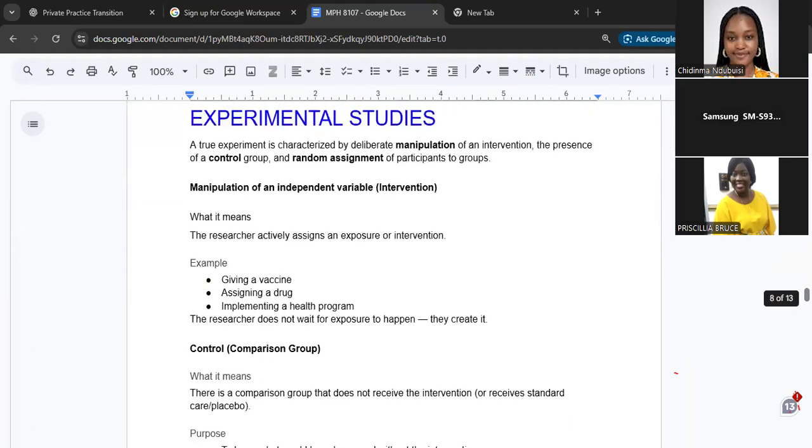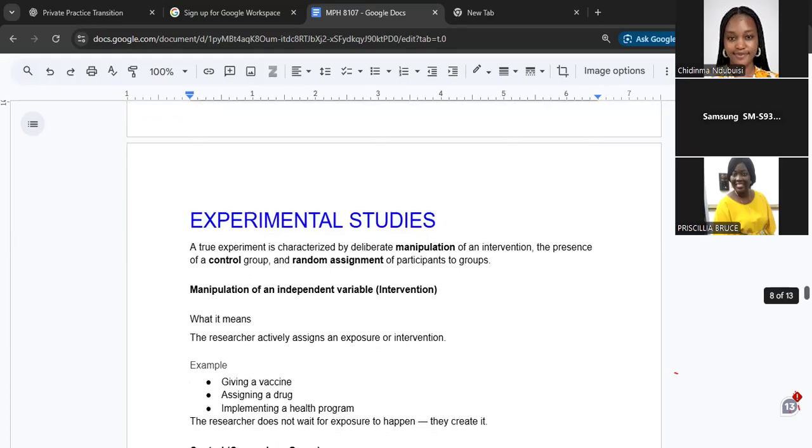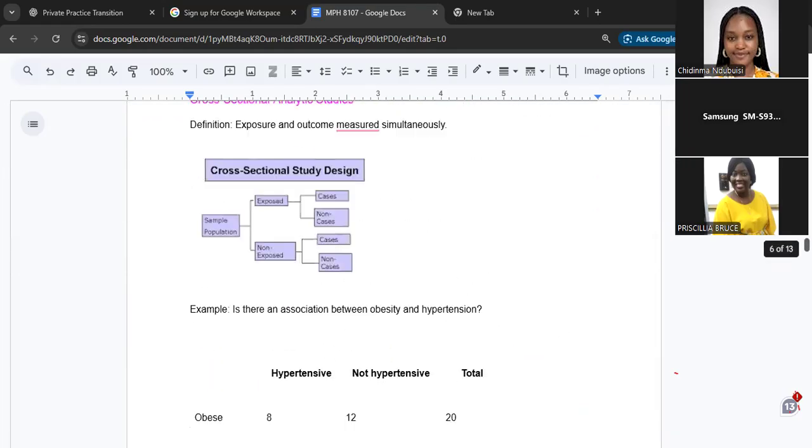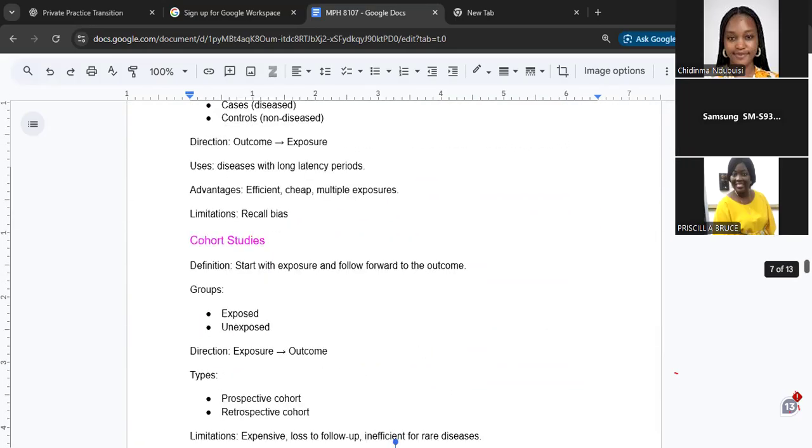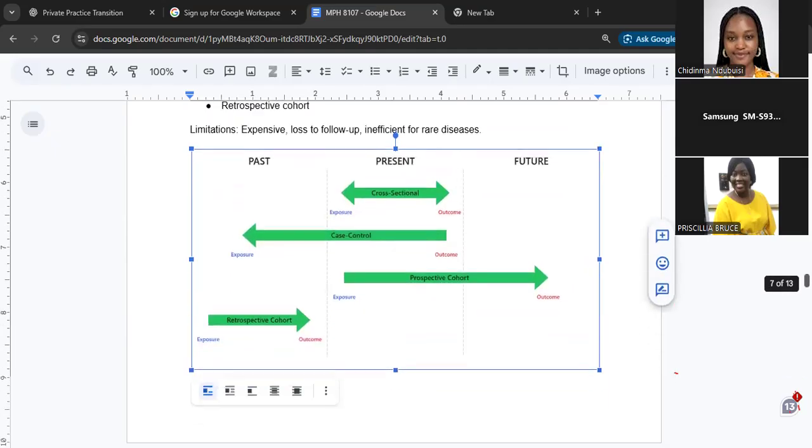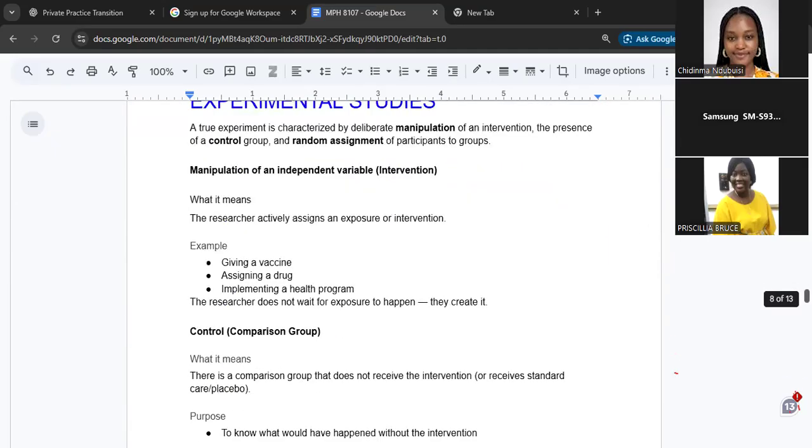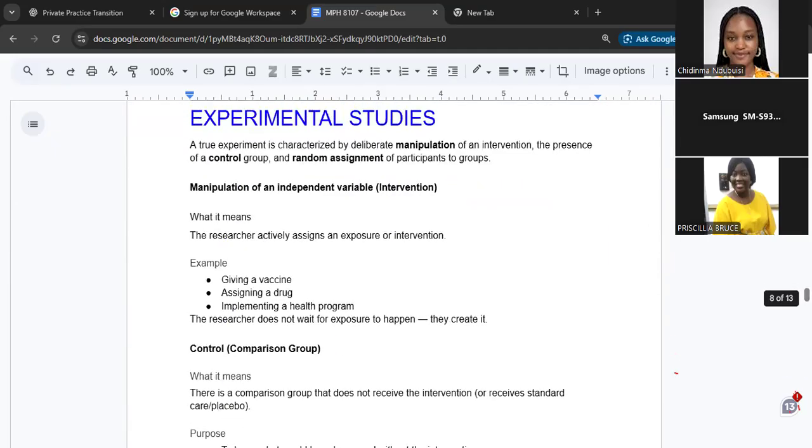Okay, so like we mentioned, we said the umbrella, there's observational and there's interventional or experimental study. So we're going to talk about experimental study design now, very quickly.